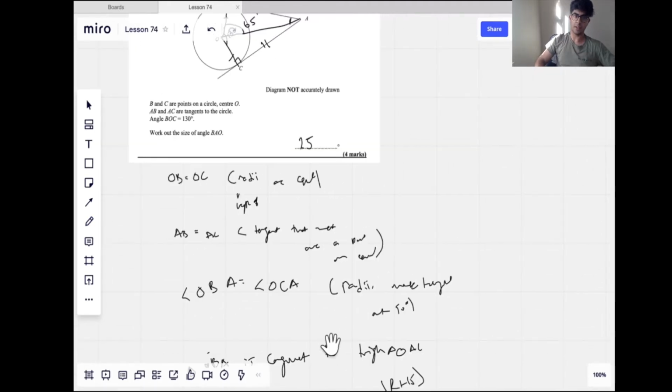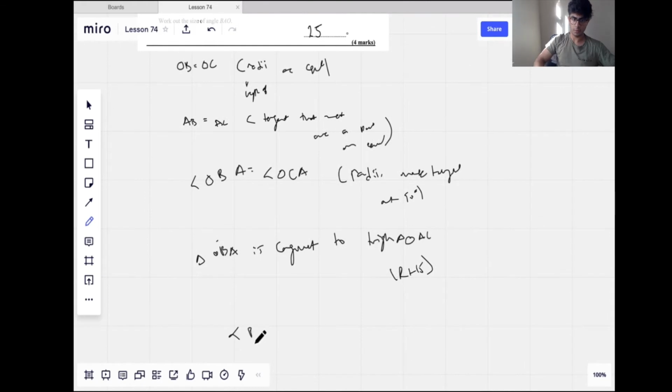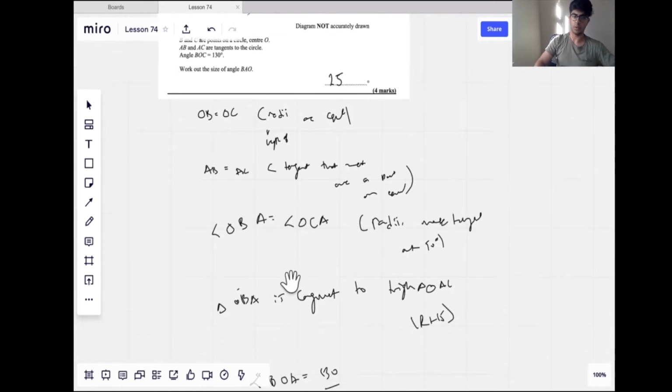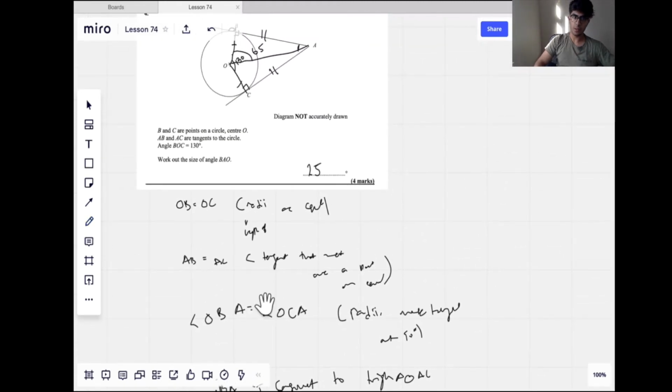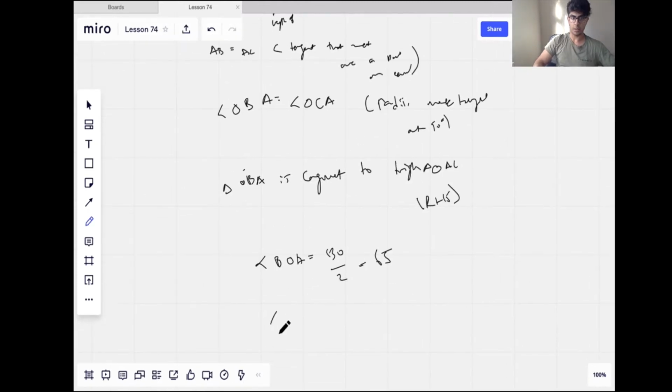And if we have that, then angle BOA is equal to 130 divided by 2, because from congruence, if this angle is equal to this angle, it's equal to 130 divided by 2, which is 65. And then we have angle BAO, which is what we need. Angle BAO is equal to 180 minus 90 minus 65, which is equal to 25. Angles in a triangle sum to 180.